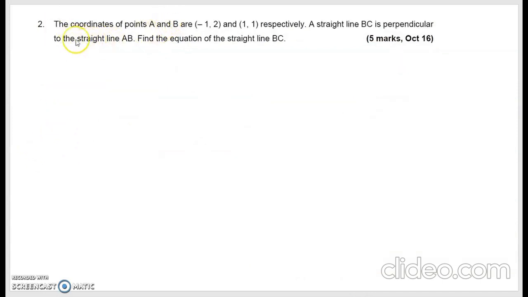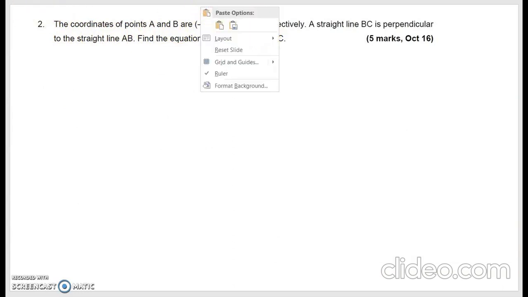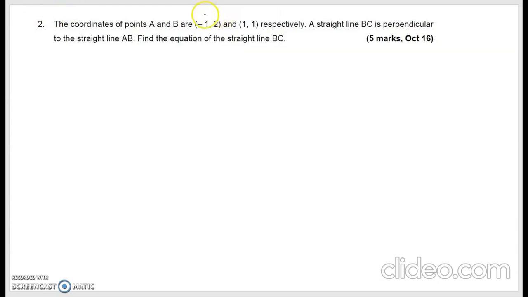Now we look at question 2. The coordinates of point A and B are negative 1, 2 and 1, 1 respectively. Means that this point is A, this point is B. A straight line BC is perpendicular to the straight line AB.